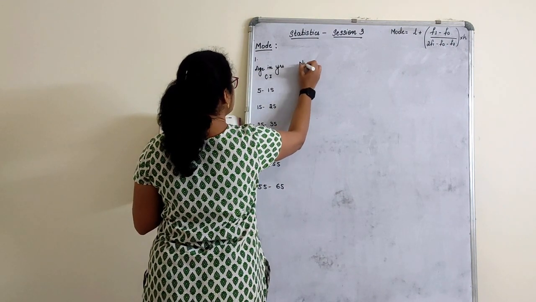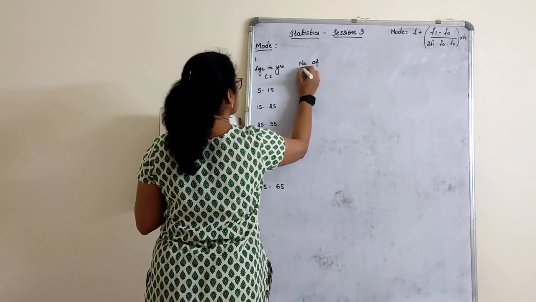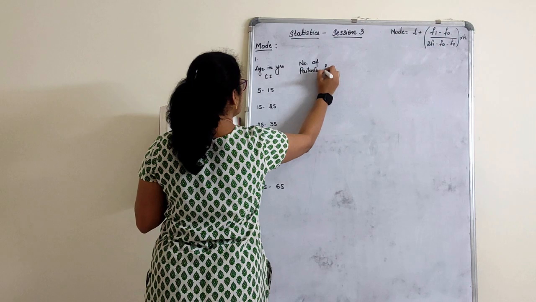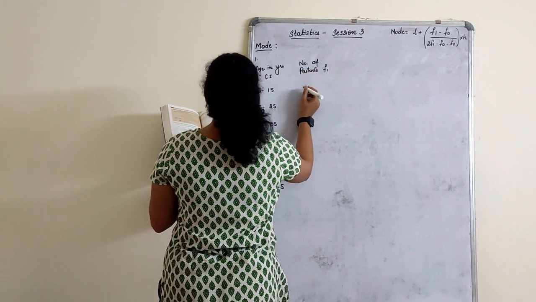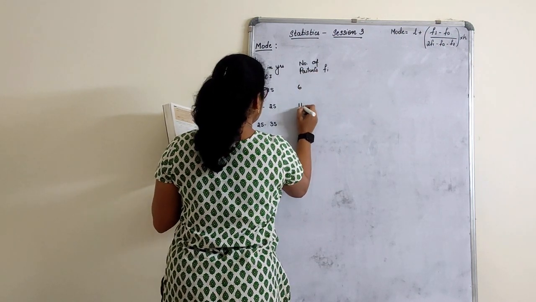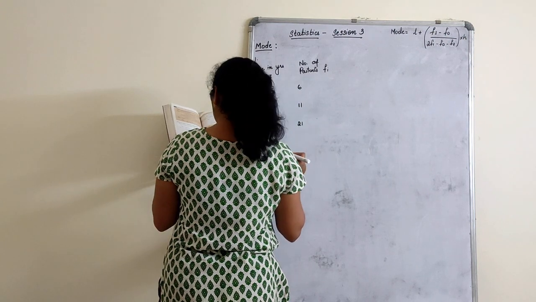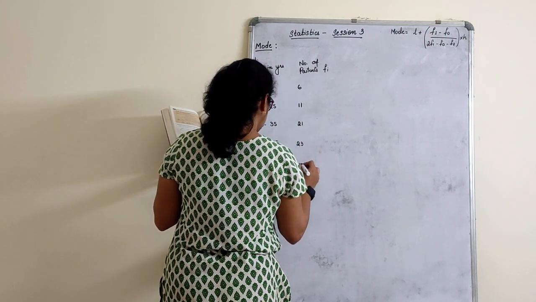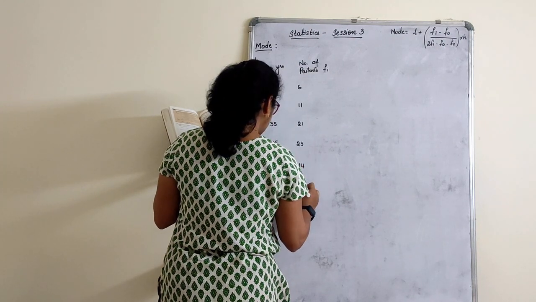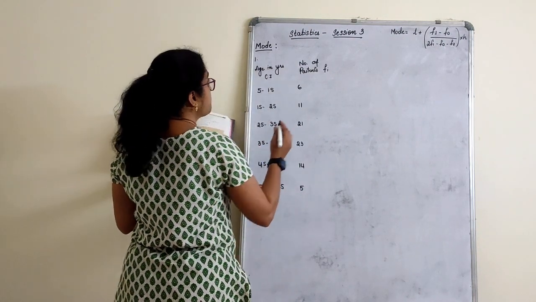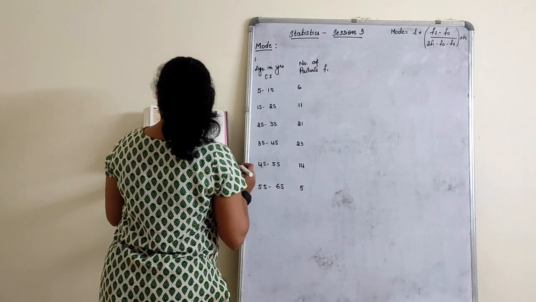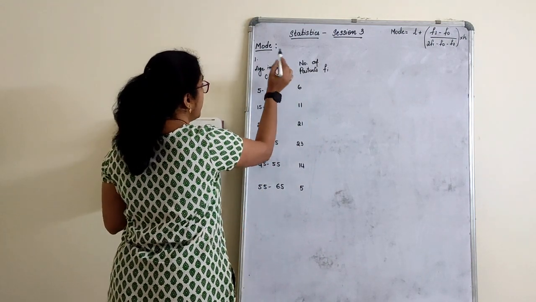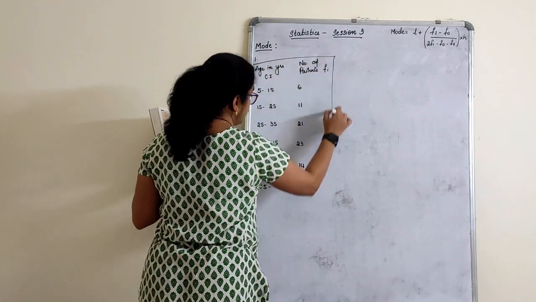Number of patients, right, which is f i: 6, 11, 21, 23, 14 and 5. Okay, the total number is actually not required anywhere here. Have this in the tabular column.